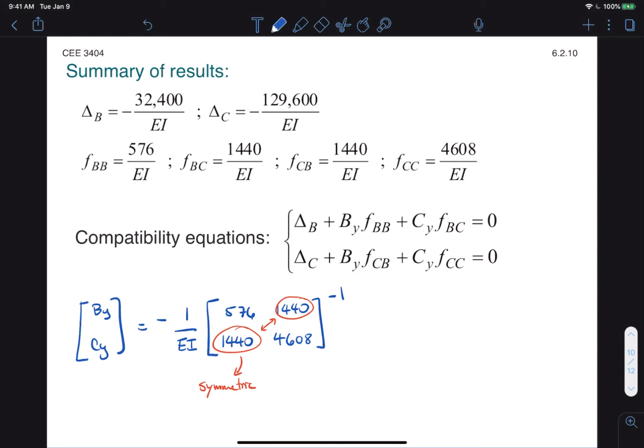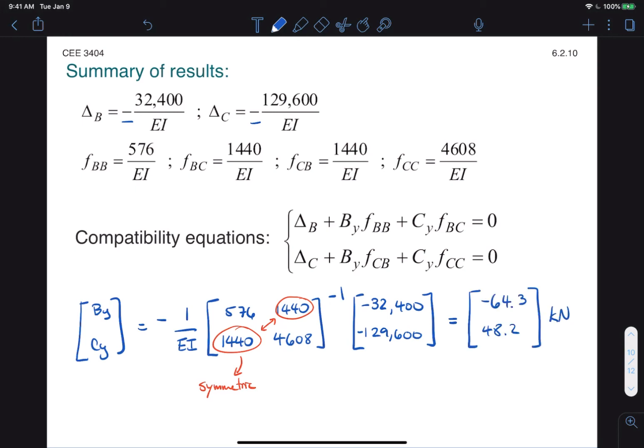And this gets multiplied by the vector of delta B and delta C. Notice that the values in that vector are both negative, according to what we've got here and here, so important to keep those signs. And then solving this equation, we would get another vector which would represent our two reaction forces.